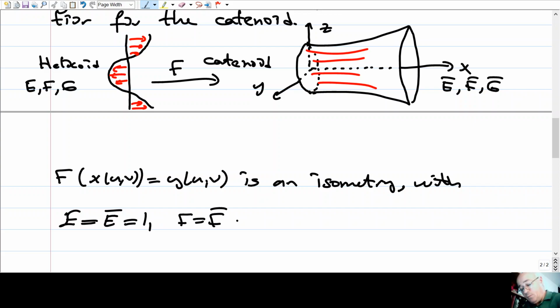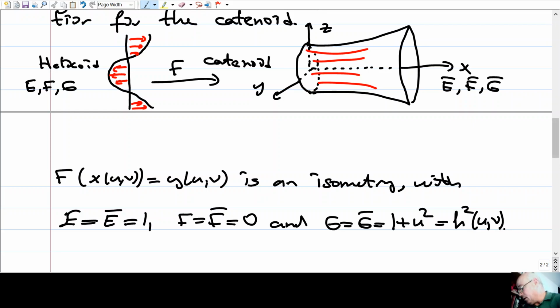F and F bar are 0, and G and G bar are given by 1 plus u squared, which is h squared u v. And what happens is that this map just wraps this helicoid around this surface. Okay, so these red arrows become these red arrows like this. Okay, and it's an isometry.